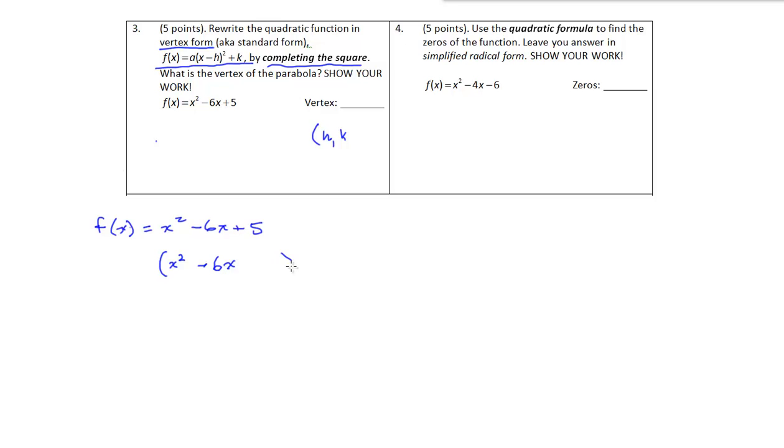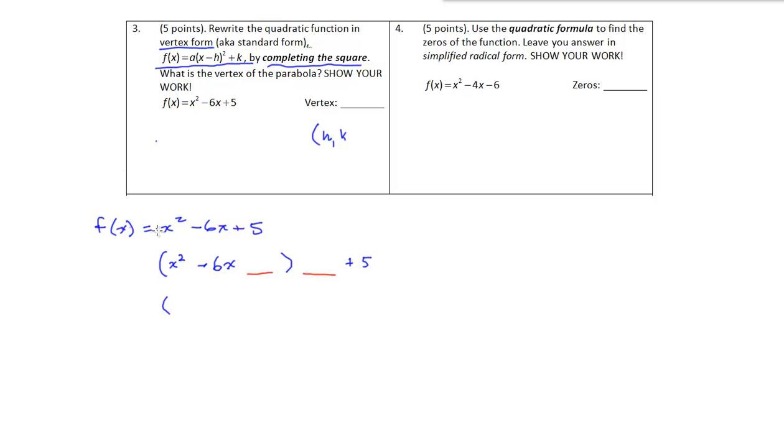So what we do, we leave ourselves some space over here to put the completed square, and then plus 5. So the completed square, notice up here there's an a here.